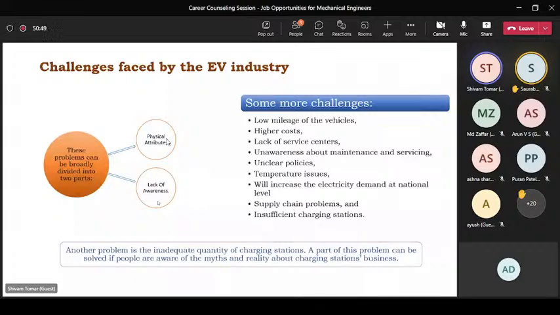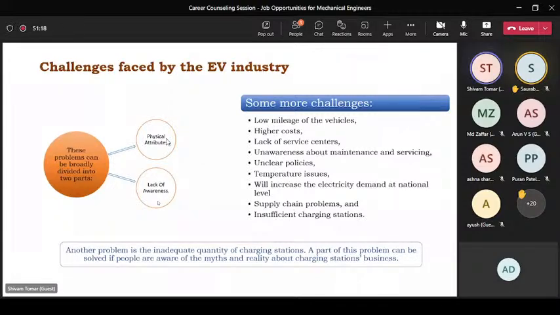These are the things people are not aware of, due to which we are facing problems like burning of electric vehicles, or short range. People are also not maintaining the acceleration of the electric vehicles, which creates a problem. So another big challenge for the industry is to make people, as consumers, aware.